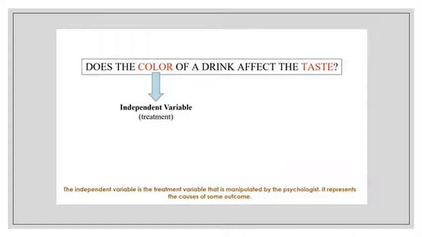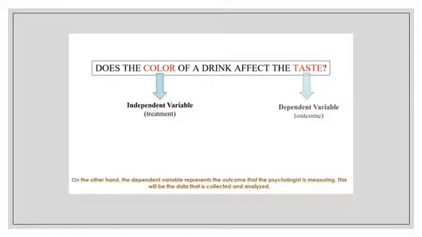So here, the color is the independent variable, which is the treatment. Okay, so the independent variable is the treatment variable that is manipulated by the psychologist, and it represents the cause of some outcome.